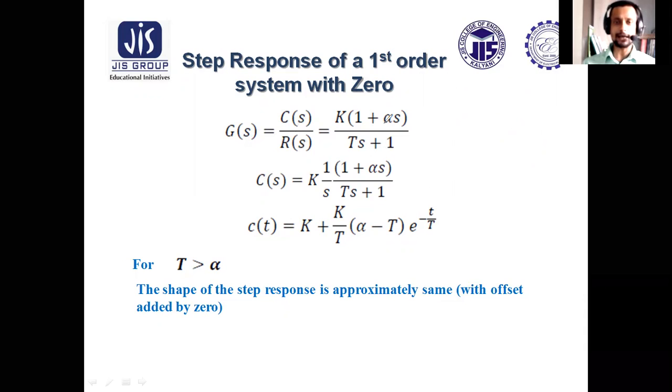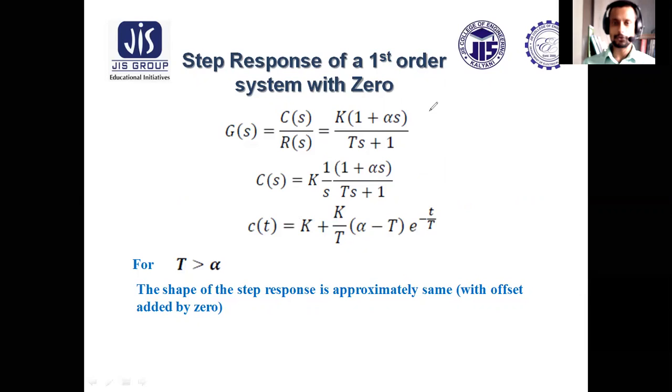C(s) equals R(s) into the transfer function. So R(s) will be 1 by s for step input. By taking inverse Laplace transformation, we'll get this equation. Now, what does this equation signify?